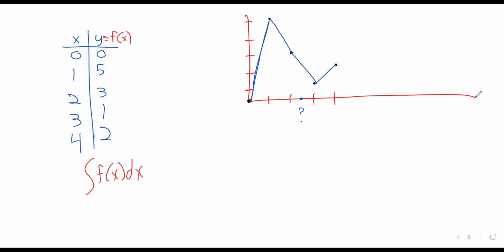And I keep saying we like our data to be equally spaced. That's true, but it's not literally mandatory. The trapezoidal rule will continue to work if the next data point I have is this.